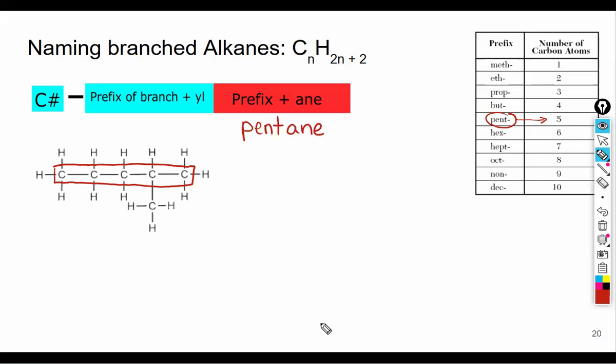Okay? The next part you have to name is the branch. The branch has how many seeds? Now, people are going to view this differently. The branch has how many seeds? 1 or 2 seeds. Some people will say 2 and some people will say 1.